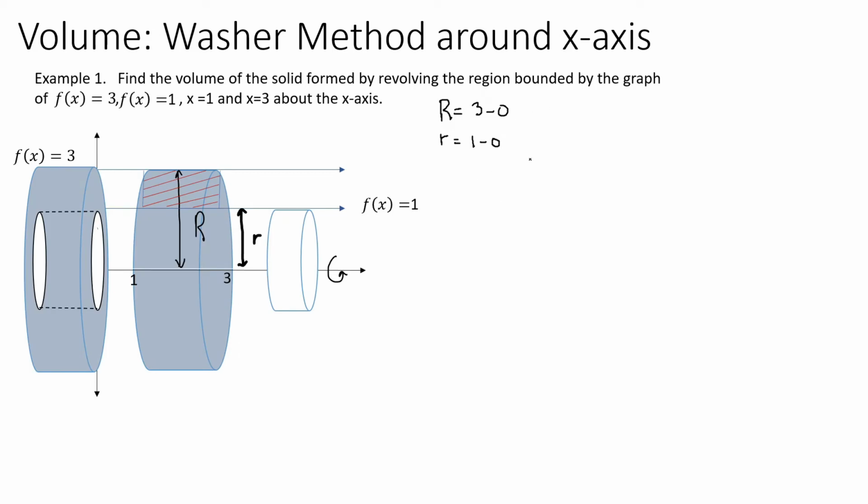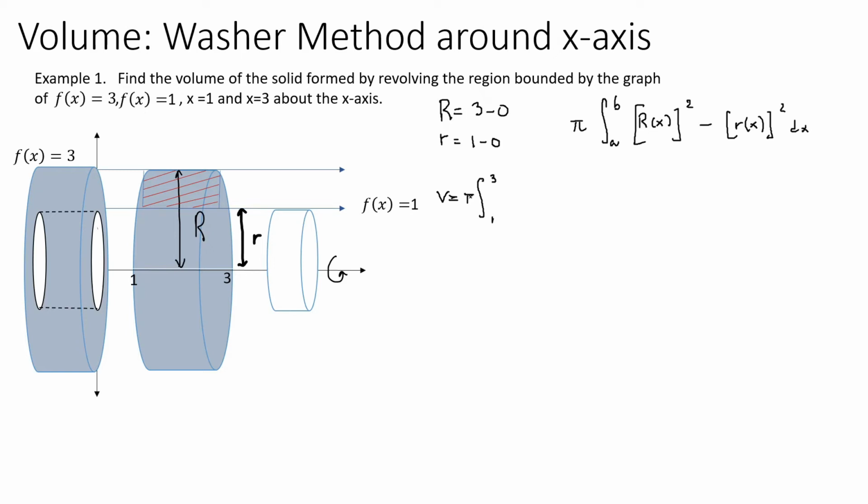We said the washer volume was pi times the integral from a to b of the bigger radius function squared minus the smaller radius function squared dx. So our volume will be found from 1 to 3.